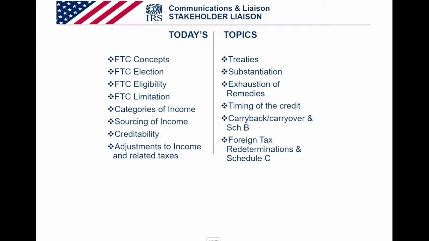We're going to discuss sourcing of income and creditability, adjustments to the foreign tax credit, tax treaties. We're going to talk about substantiation, exhaustion of remedies, and we're going to get into timing of the credit, and also carryback and carryovers and foreign tax credit redeterminations.